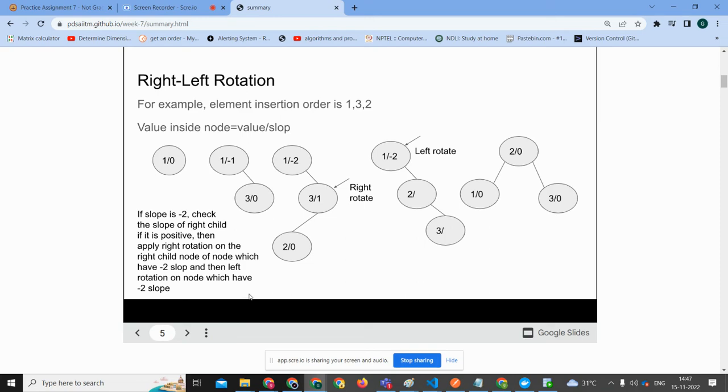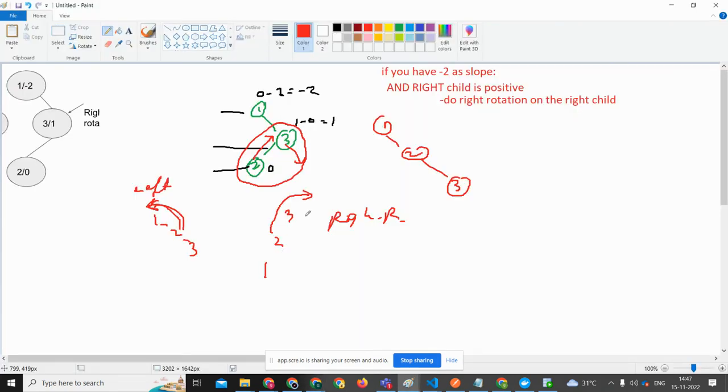Okay. So in order to make it much clearer, I have x, y and z. So I'll write it here: 1 3 2 x y and z. So after doing a right rotation, how will it look?